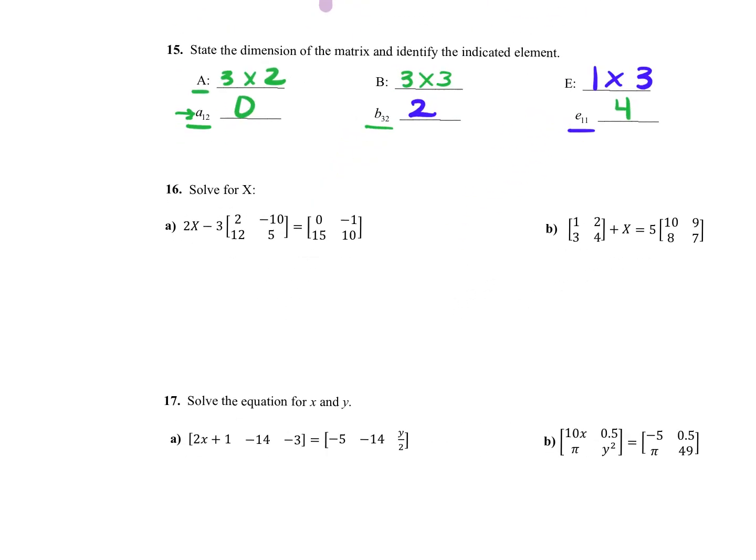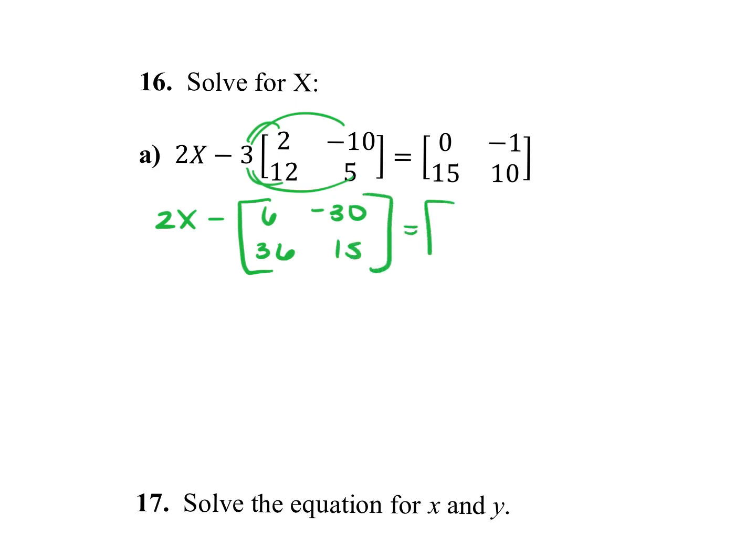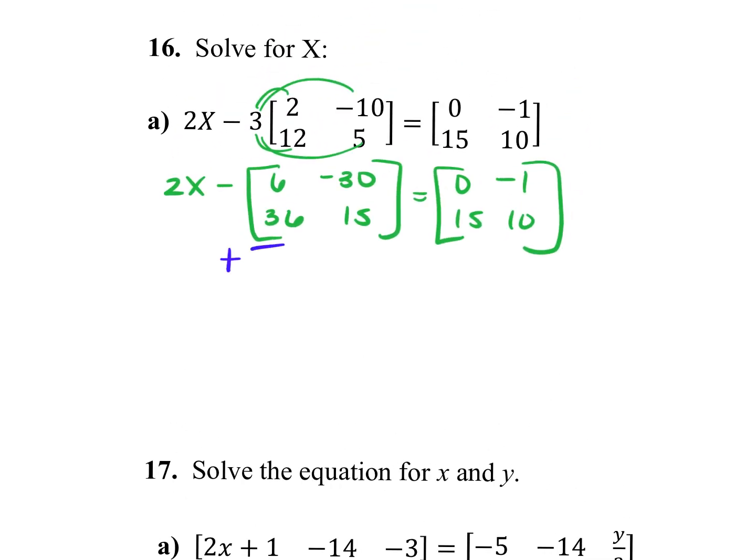Last little bit here. This one you are solving. So this is going to be 2x minus, and now this has to get multiplied by everything first. So it's going to be 6 and negative 30 and 36 and 15 equals this guy. So then your next step, we're subtracting this matrix, so we're going to add this matrix to both sides.